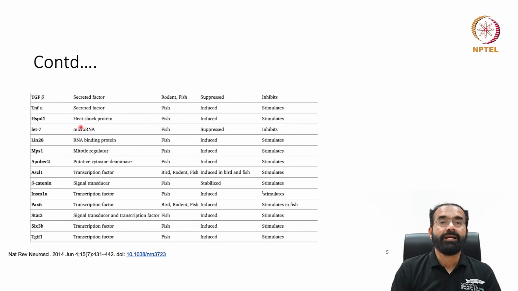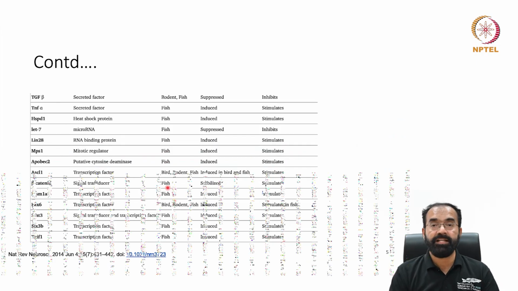So the same table is continuing. You can see TNF alpha, you have got HSPD1. These are all different groups of proteins, families of proteins that have been tried, and some of them are transcription factors, some of them are signal inducing factors, and some of them are transmembrane factors, and different species have been tried. A lot of them are tried in zebrafish simply because it is a well regenerating model.